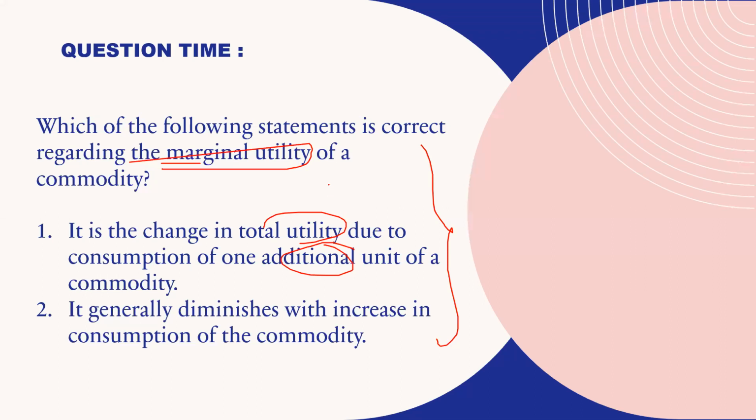It will definitely decrease. If you are consuming the product again and again, sometimes you will also feel dissatisfaction. That is called the diminishing aspect of marginal utility. It generally diminishes with increasing consumption of the commodity.